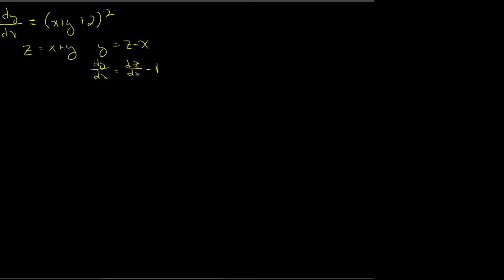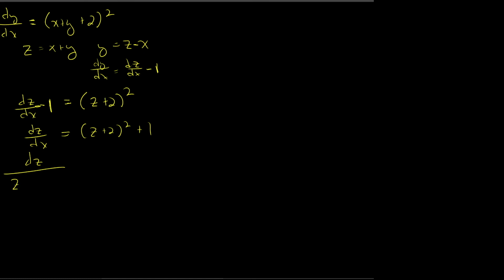So I'm going to come back into here and I'm going to get dz/dx minus 1, when I substitute all of this in up here, is equal to z plus 2 squared. Alright, so I'm going to say dz/dx equals z plus 2 squared plus 1. And a little rearranging, dz over z plus 2 squared plus 1 equals dx.